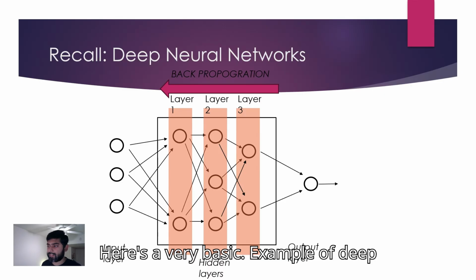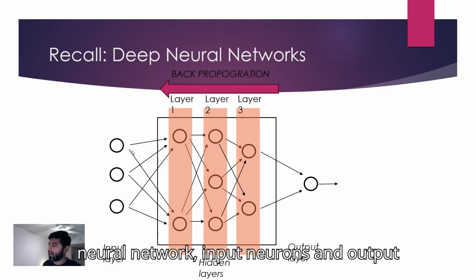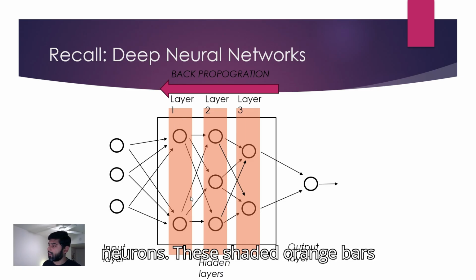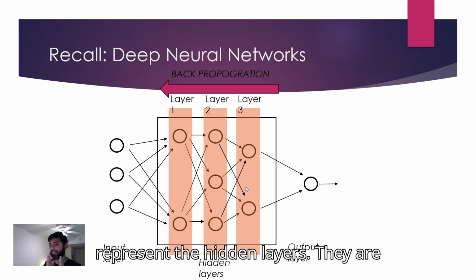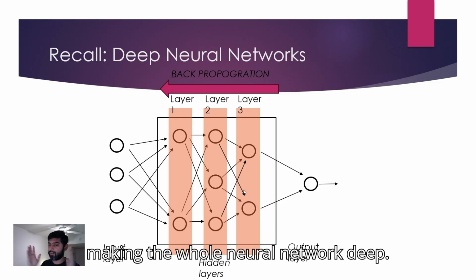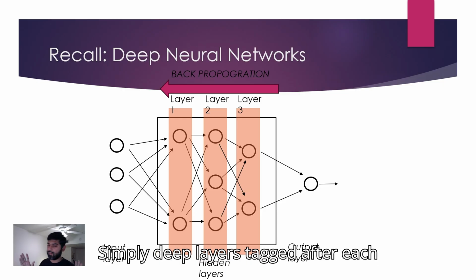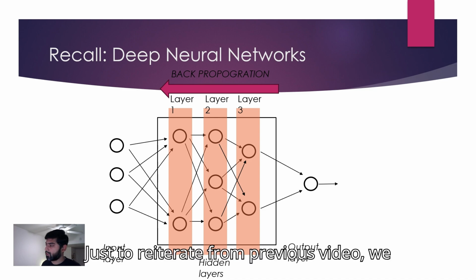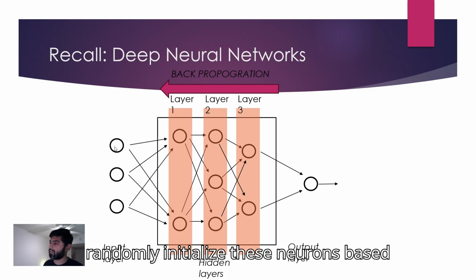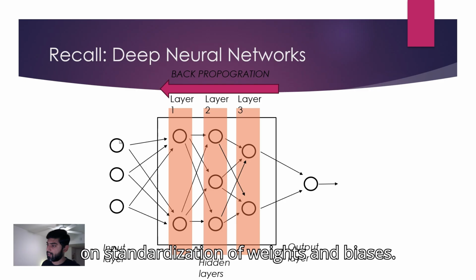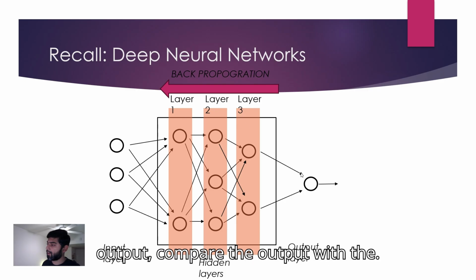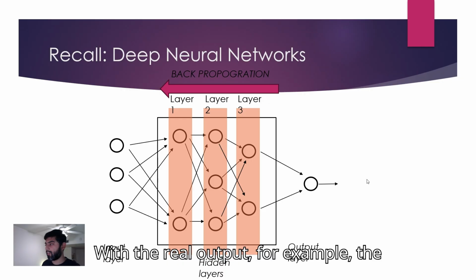Here's a very basic example of a deep neural network: input neurons and output neuron. All these circles represent the neurons. These shaded orange bars represent the hidden layers. They are making the whole neural network deep, simply deep. Layers stacked after each other, making the whole idea deep. Just to reiterate from the previous video, we randomly initialize these neurons based on standardization of weights and biases. Then we keep going further, get an output, and compare the output with the real output.